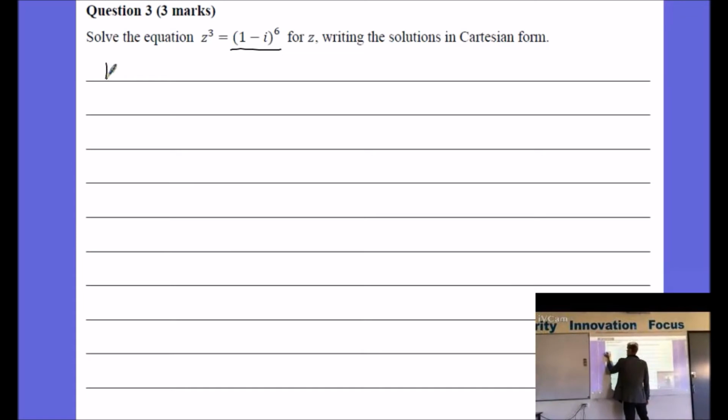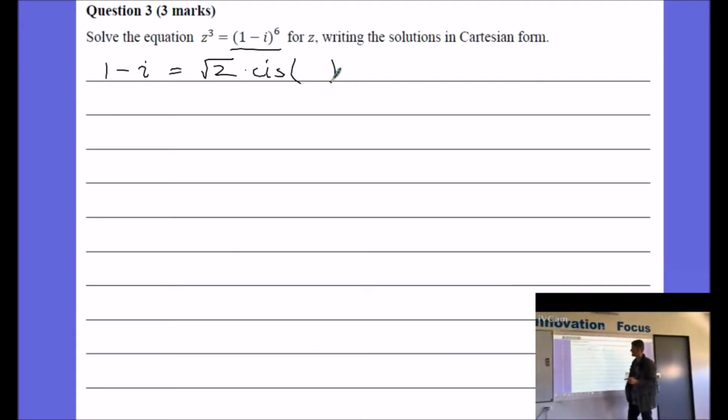Alright, so first off, the 1 minus i as a complex number, well, the modulus will be the Pythagorean of this, which will give us square root of 1 squared plus 1 squared times the cis function of the argument of this 1 minus i.